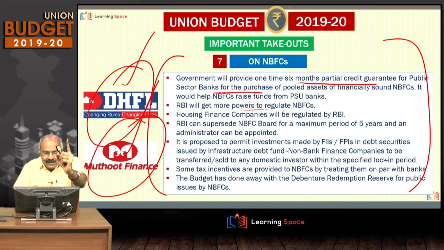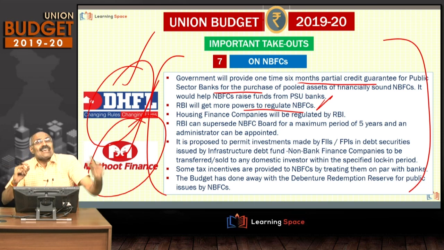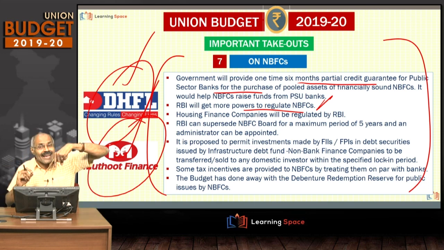Then second is RBI will get more powers to regulate NBFCs. Please don't forget, NBFCs are also known as shadow banks, and RBI will get more powers to regulate NBFCs. Then next most important change is housing finance companies, till now regulated by National Housing Bank. They will be regulated by Reserve Bank of India from now onwards. Very important.